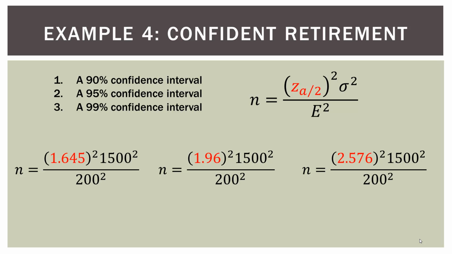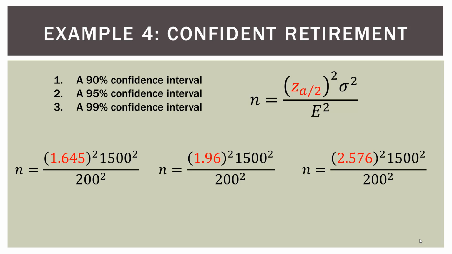So how do we interpret this in our mind? For 90% confidence, we're going to go out and take many samples, and we want 90% of them to contain the actual population mean. So that's what we mean by 90% confidence. Now for 95% confidence, that's what we've been doing.